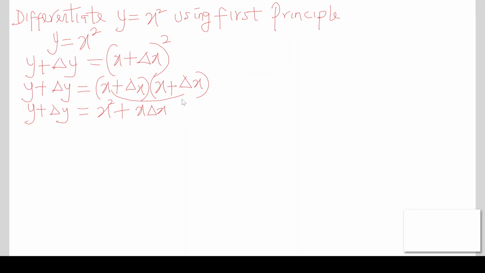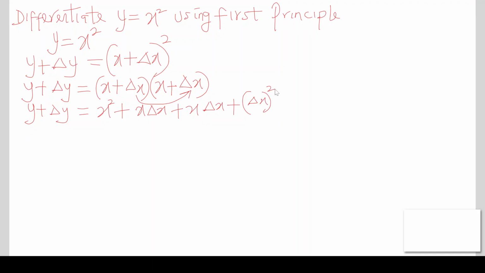Then after that, we have delta x multiplying x, so delta x multiplying x is going to give us plus x delta x again. And lastly, plus delta x multiplied by delta x, which is going to be plus delta x squared, in this format.